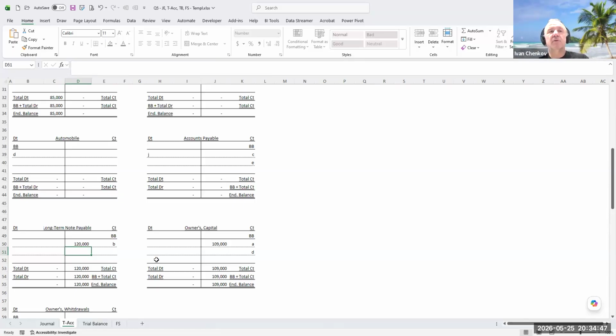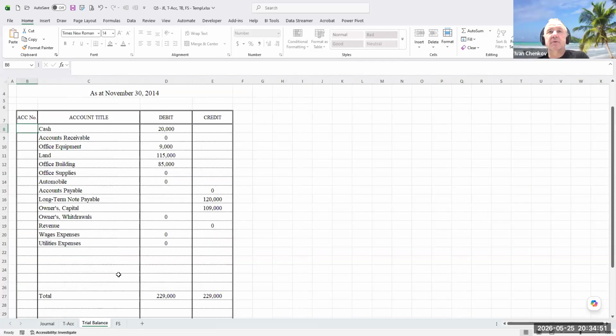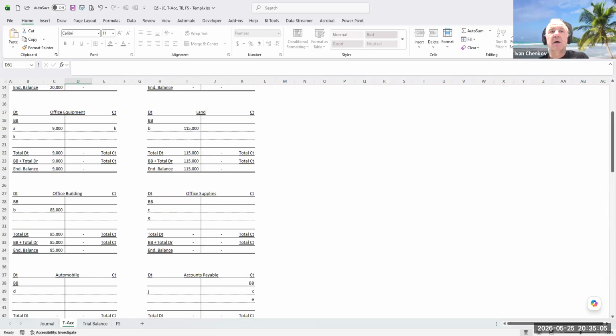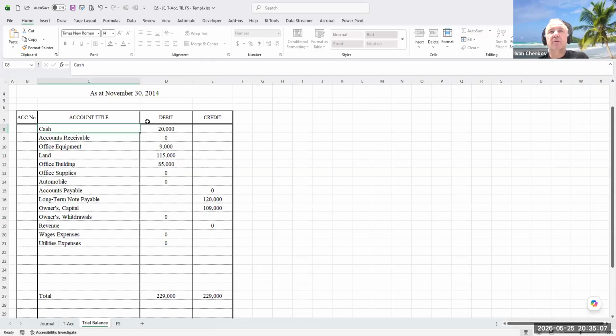At this point, if you're curious, we can go to the trial balance and see what happened. As you can see, those accounts automatically start to accumulate. Whatever happens here in the T account as an ending balance automatically accumulates on the trial balance.